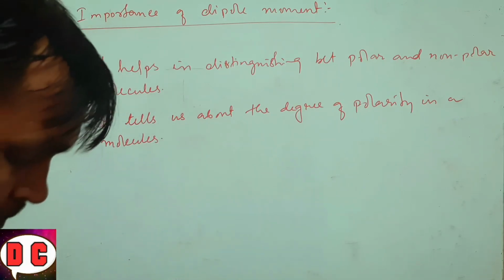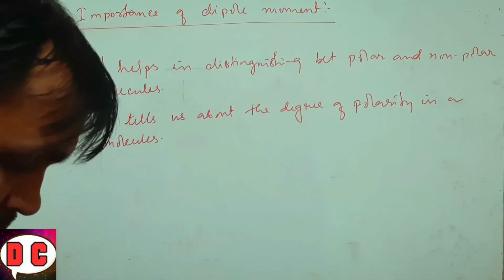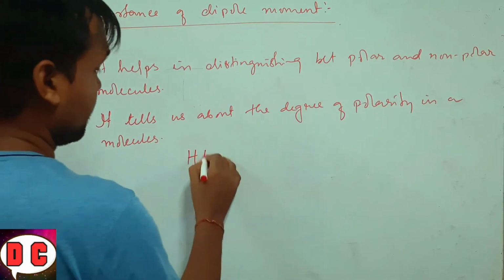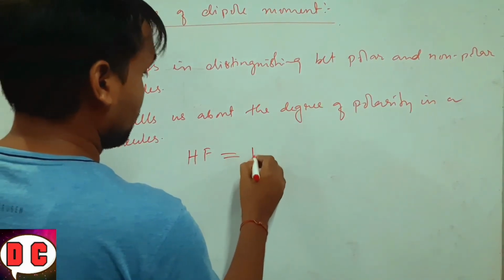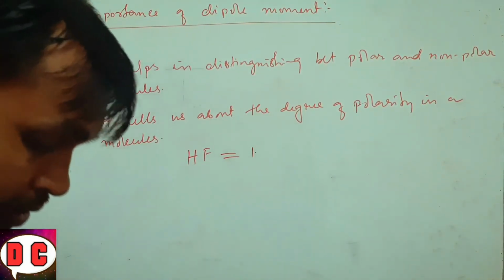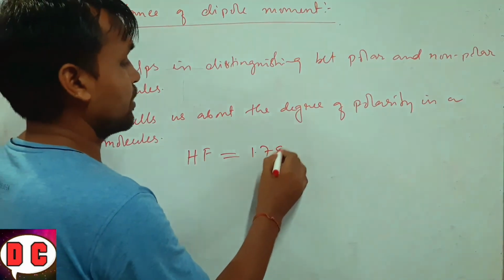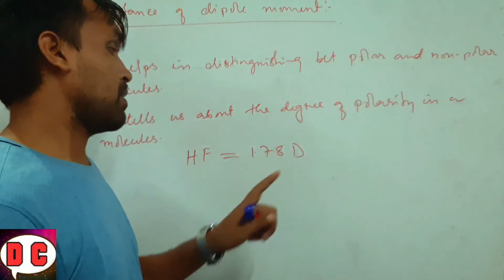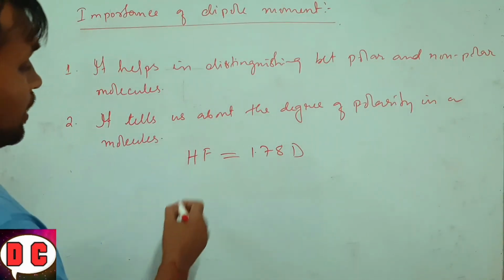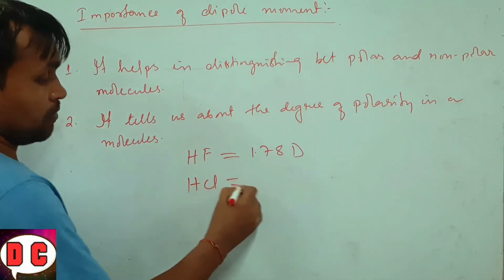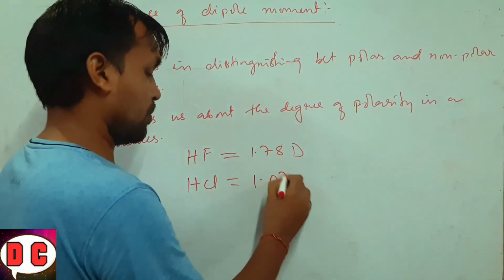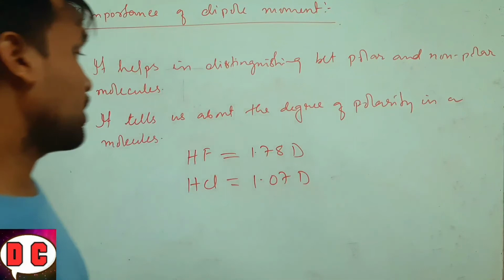For example, you see here HF. The dipole moment of HF is, let's assume, 1.78 D, and the dipole moment of HCl is 1.07 D. So which one is more polar?